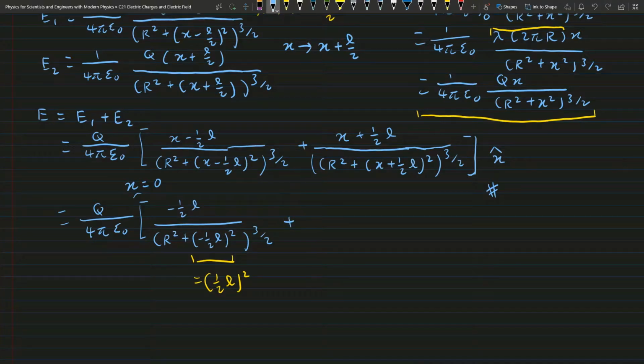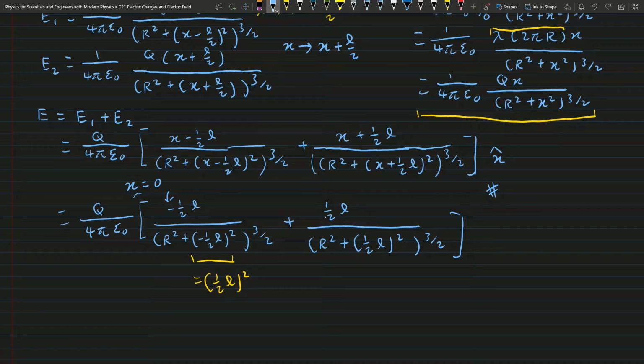And you can see we add this 1 over 2 L, and this is R squared plus (x is 0) 1 over 2 L squared, to the 3 over 2. You can see the whole thing is exactly the same, only here there is a negative sign.